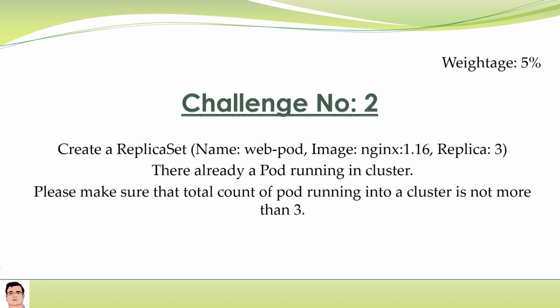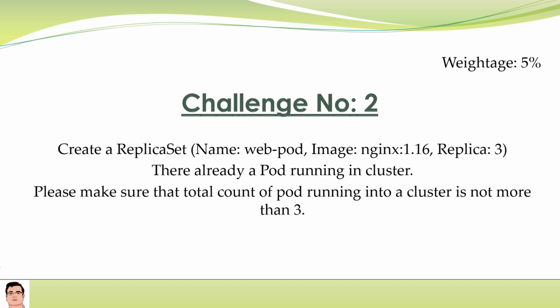This is the feature of the replica set that makes a difference with the replication controller. Replication controller doesn't have this feature and the replica set has this feature. So you have to make sure that you create a replica set with all the description provided, but there is already a pod running, and the pods inside the cluster should not be more than 3.